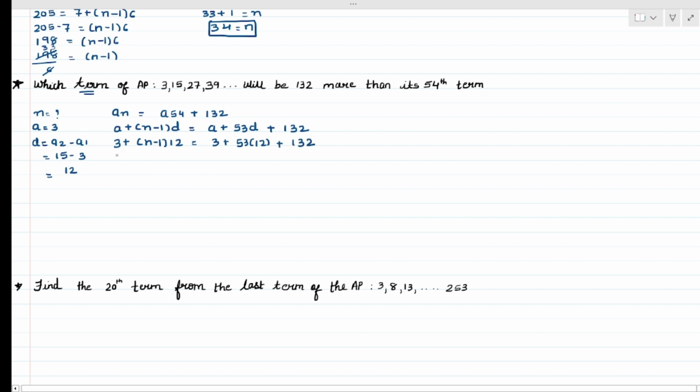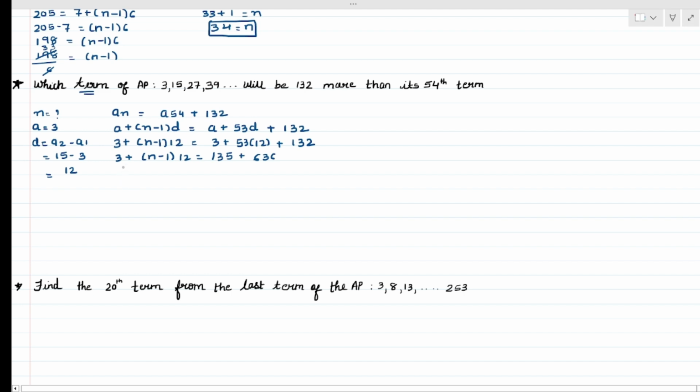Now solve this. So we are doing this. 3 plus N minus 1 times 12 equals 3 plus 132, which gives me 135, plus 53 times 12. It gives me 636. So you will write over here 636.